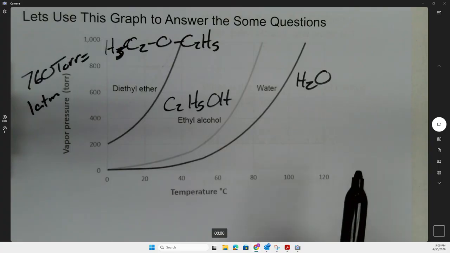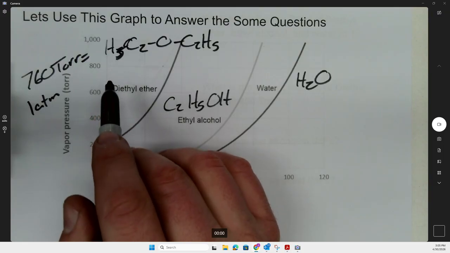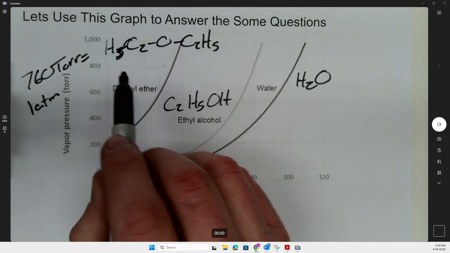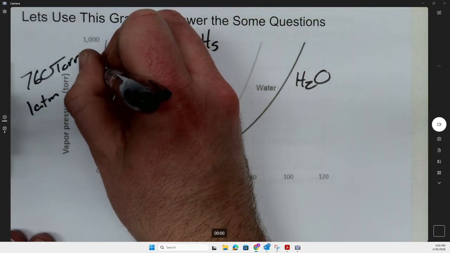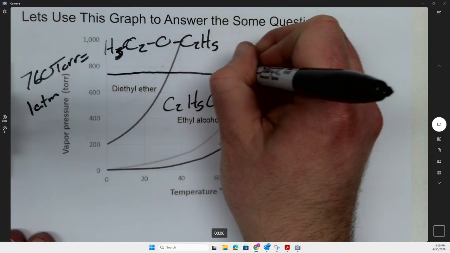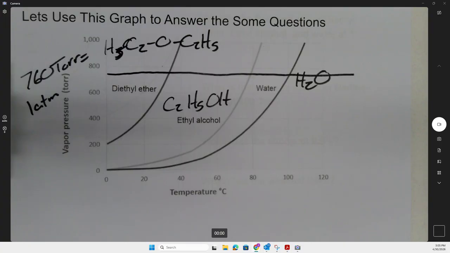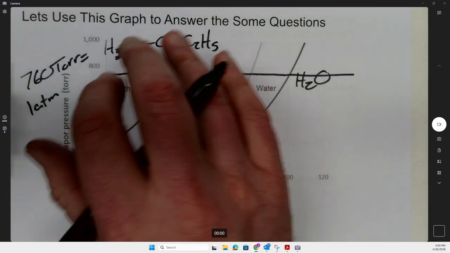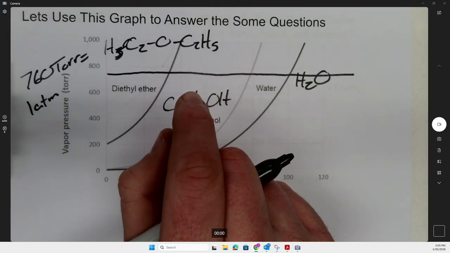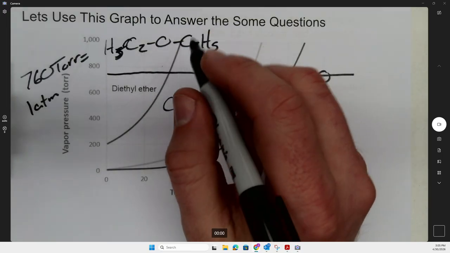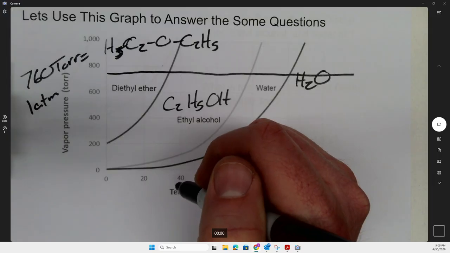So, though it's kind of hard for me to see, I can just draw an imaginary line from where I think 760 is across my graph. It doesn't have to be perfect, but I can envision where that 760 torr line is. And then all I gotta do is see where my graph hits my line and go down to my x-axis.